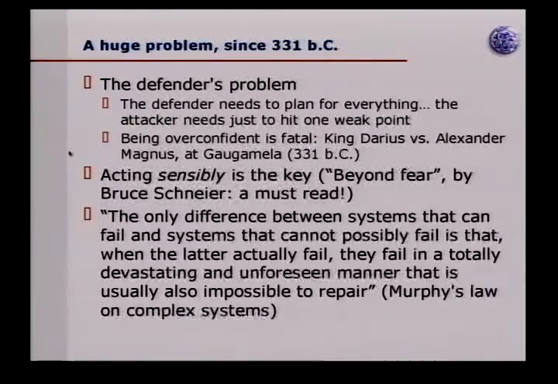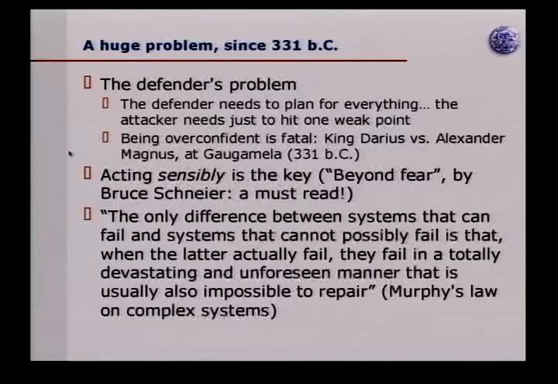What happened is history. Alexander charged straight to the middle of the Persian army, of the huge Persian army. And basically what Darius understood was that Alexander had accepted to die, but he wanted to kill him before dying. So he was charging in direction of his throne.